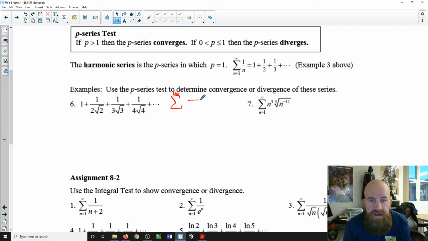So we know that this is 1 on top consistently, and we have n root n.